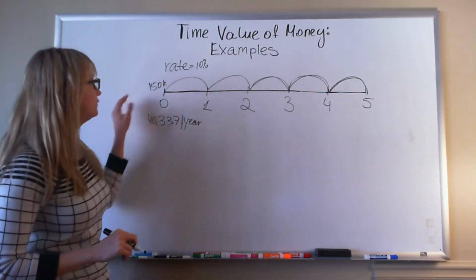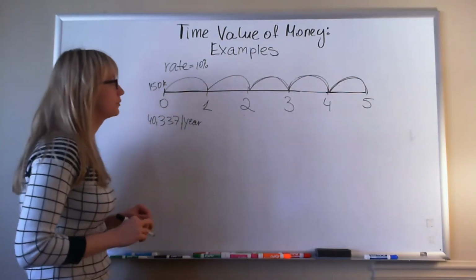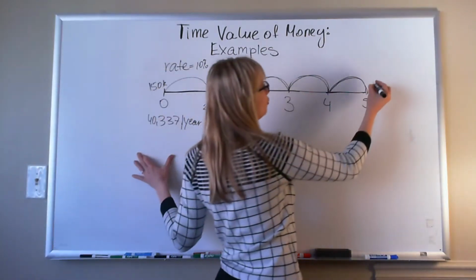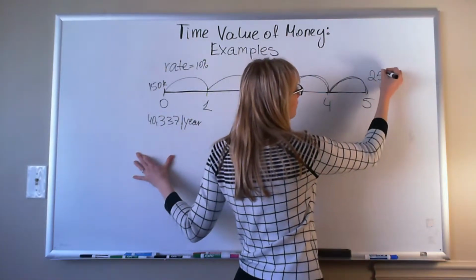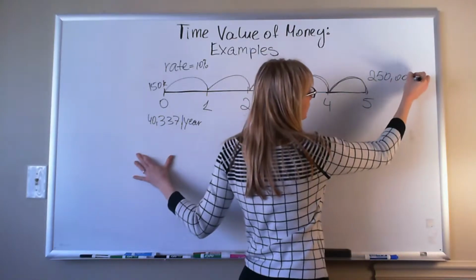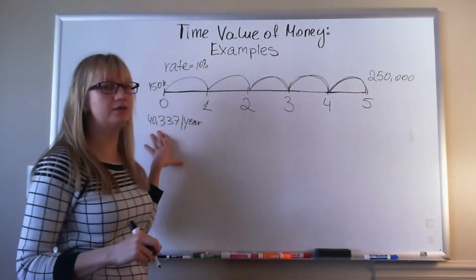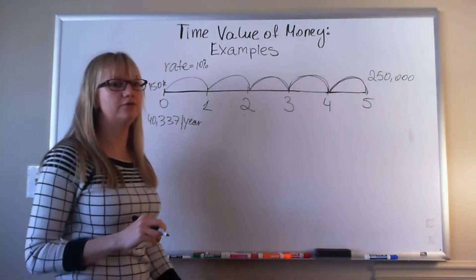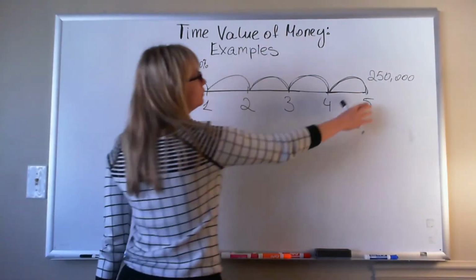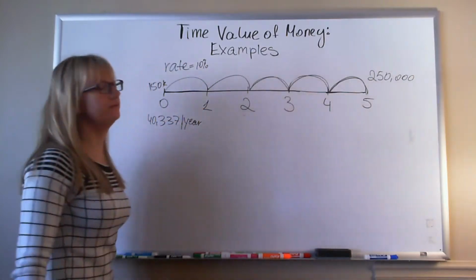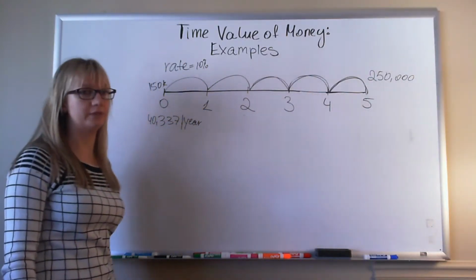So with $150,000, it's very easy. We know the amount that we won and would like to have, because here they send 40,000 for the 5 years, so we do have a 5-year horizon again. So at the end of year 5, we'd like to have $250,000.